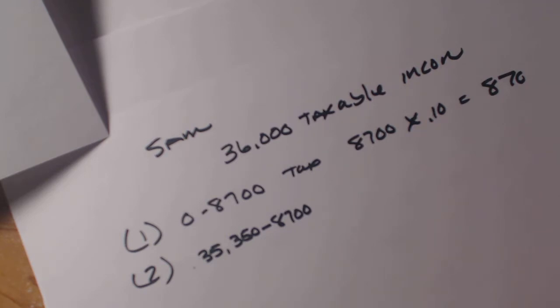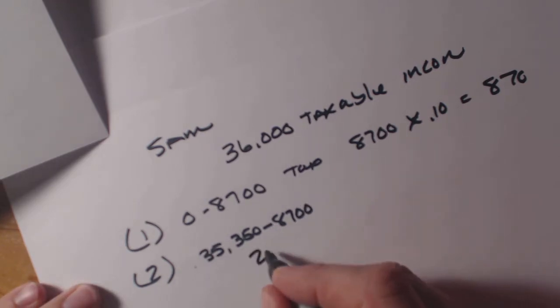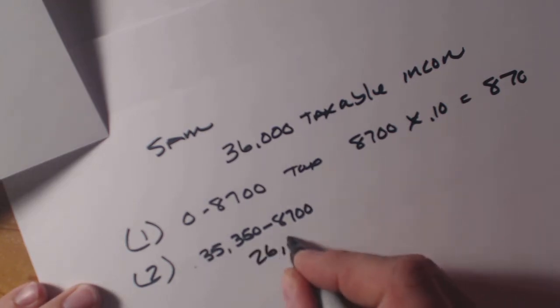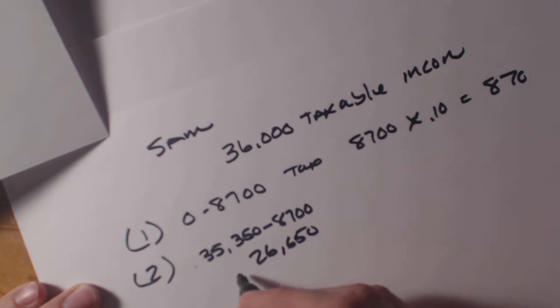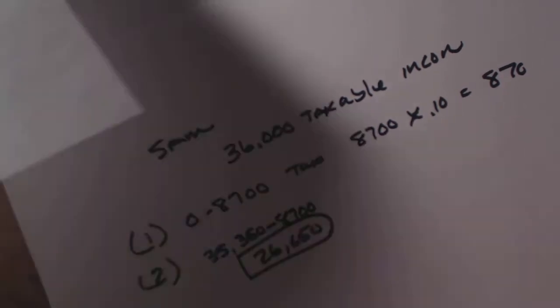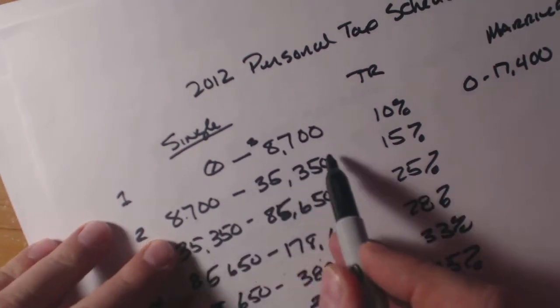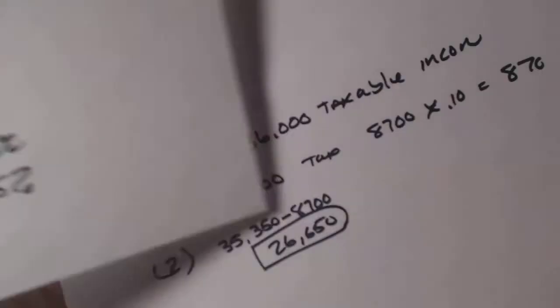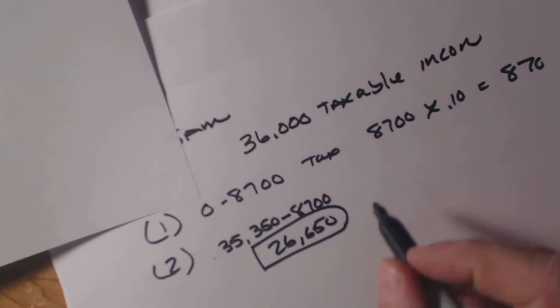I'm calculating. Okay, so in this category there is $26,650 of taxable money, from here to here.